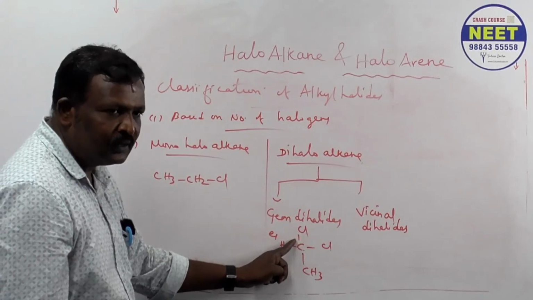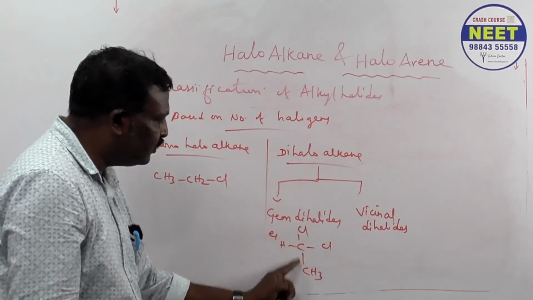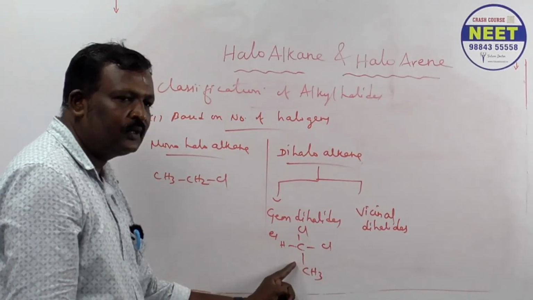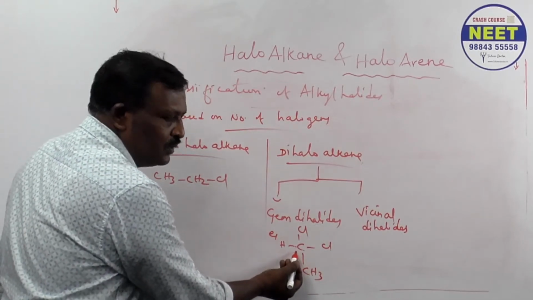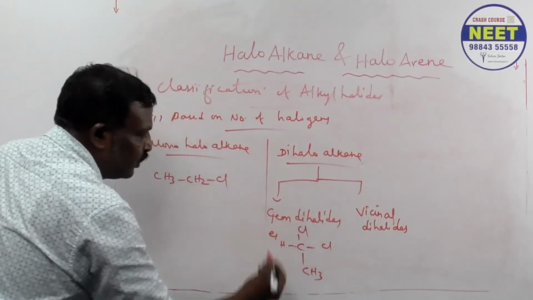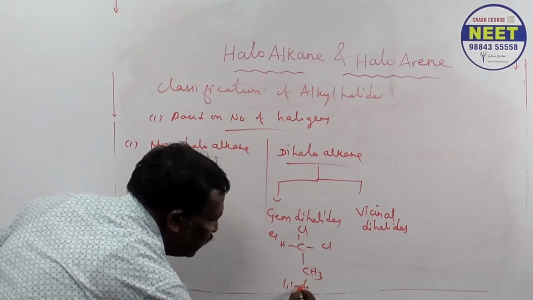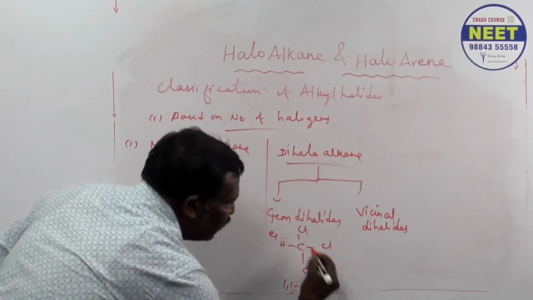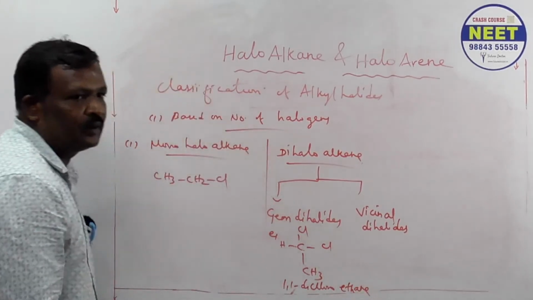This is considered 1, this is considered 2. 1,1-dichloroethane. Can I say like that? Because on this carbon we have two chlorines. So 1,1-dichloroethane. Correct or not?